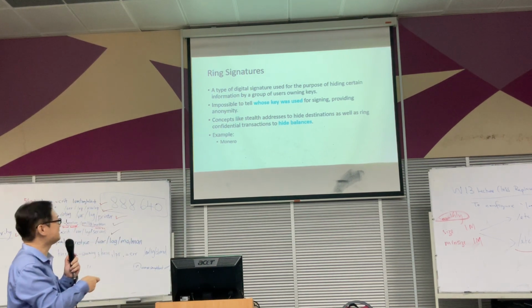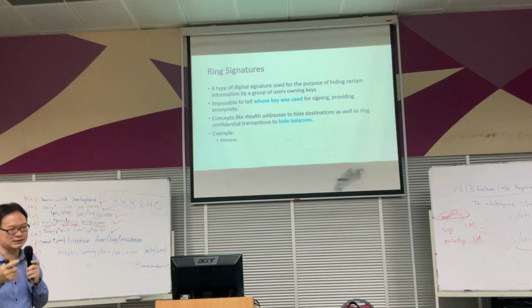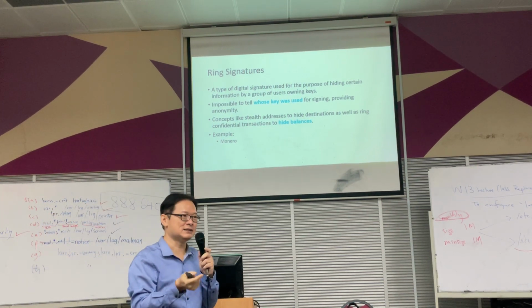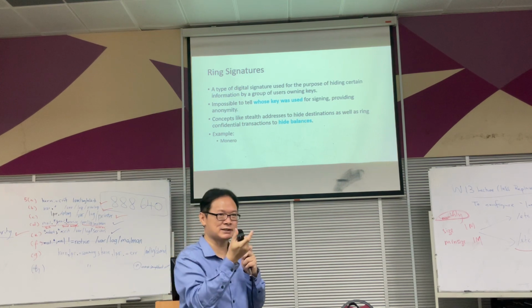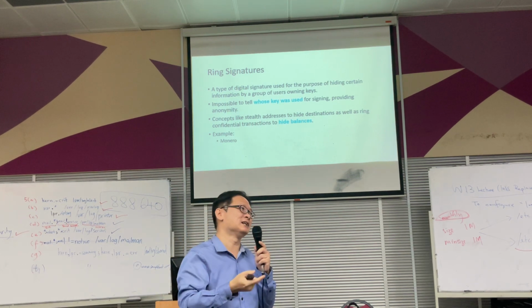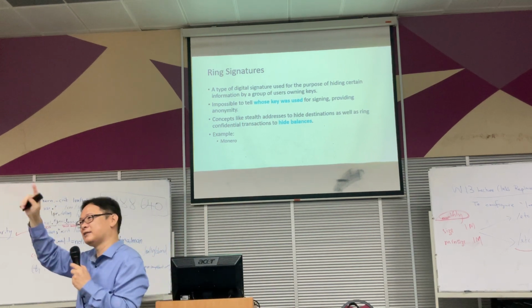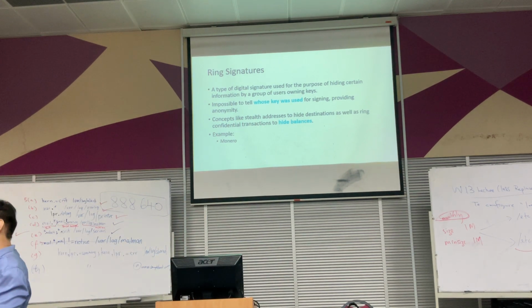Then the recipient can verify using the ring of public keys. You can verify this is a transaction probably signed by someone, but it cannot figure out which one because there is a ring of public keys. Different users will have their own public key in the ring.